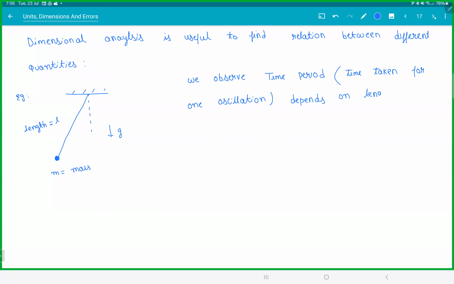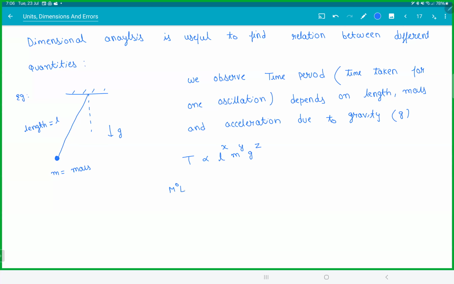It depends on length, mass, and acceleration due to gravity. Now, we know it depends, but exactly how we don't know. So this is how we start. So this time is proportional to L power X, M power Y, and G power Z.